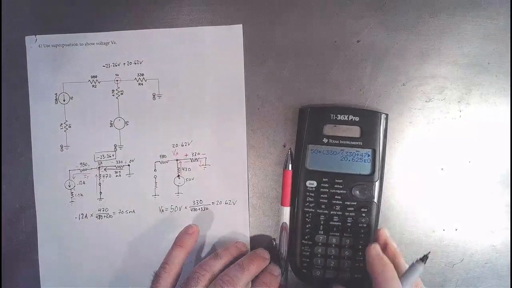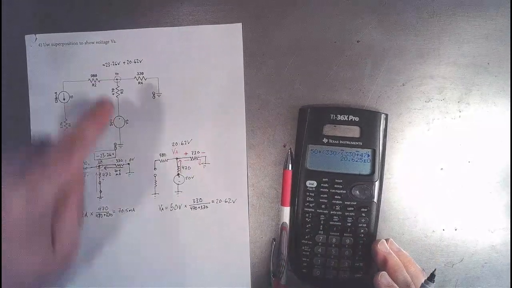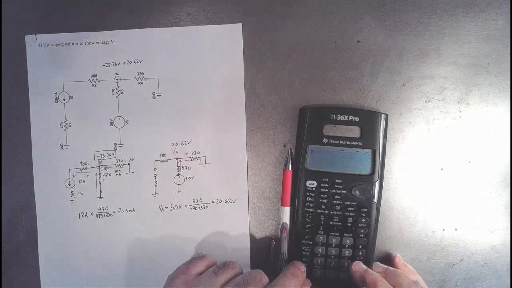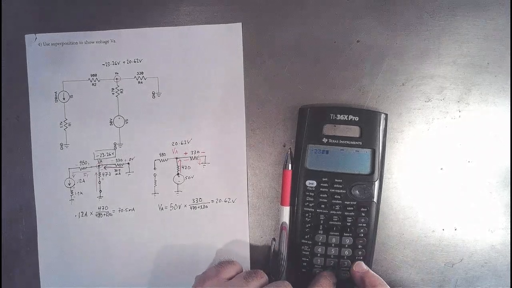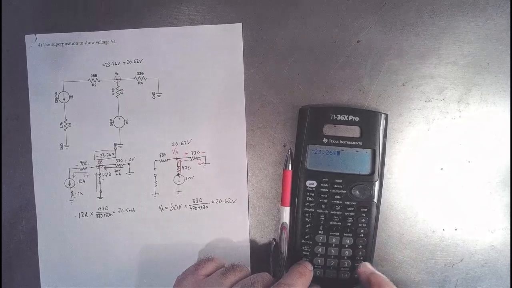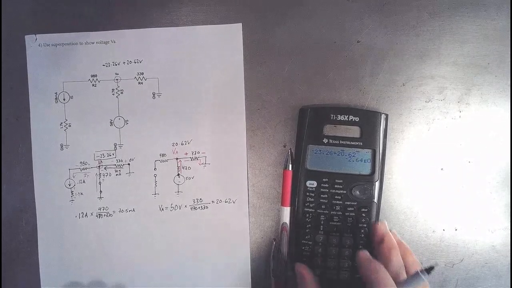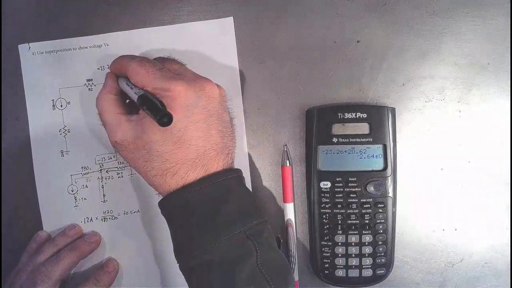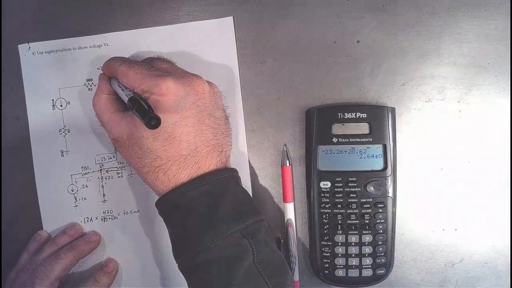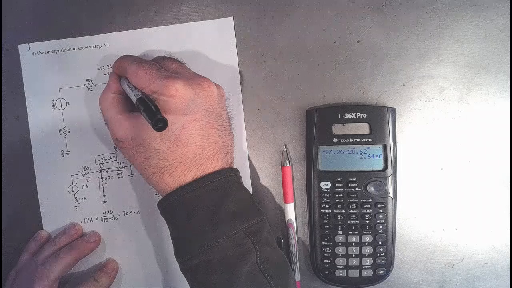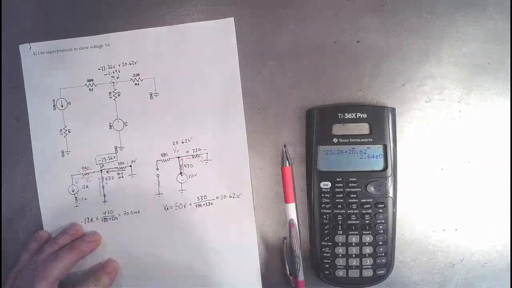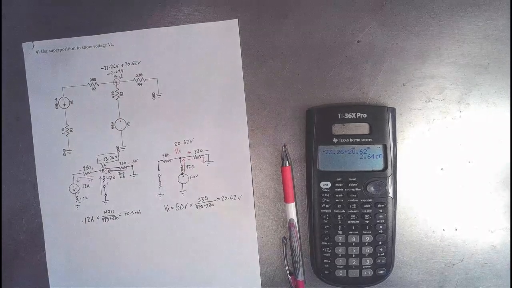So when we add them together, that is the real voltage at VA. So let's do that. So we have minus 23.26 plus 20.62. We've got minus 2.64 volts. So that's the voltage at VA right there.